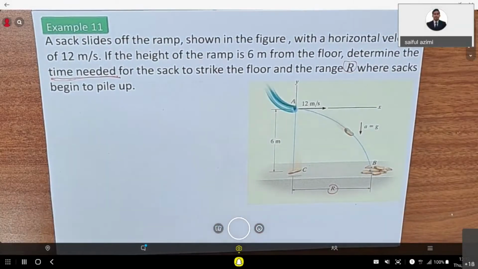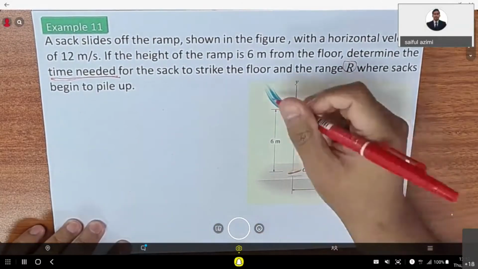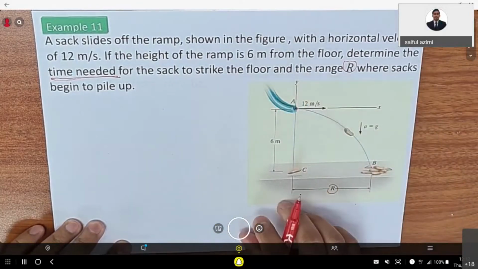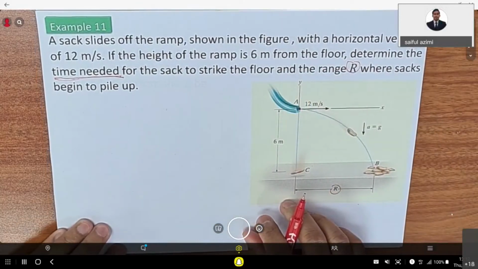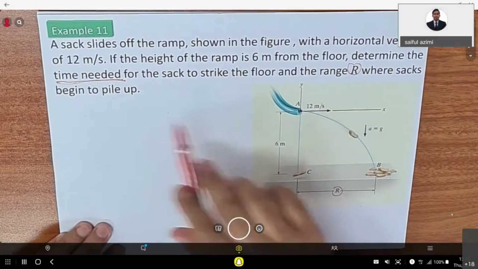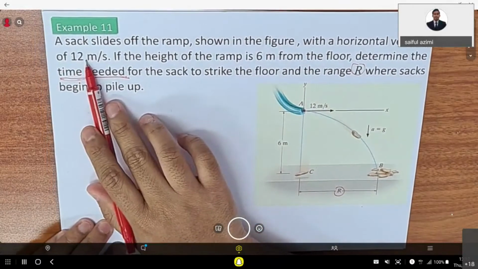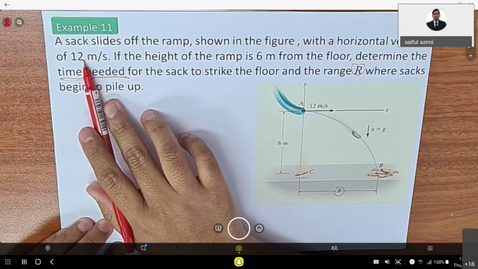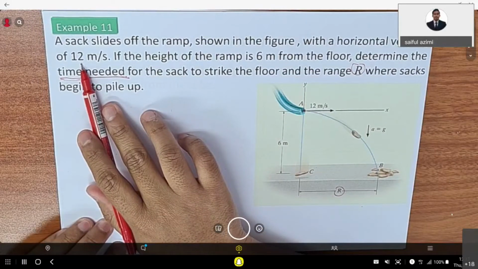All right, in this example, we already have the origin at A, and we have the initial velocity here. So is 12 meters per second Vx or Vy? Vx.